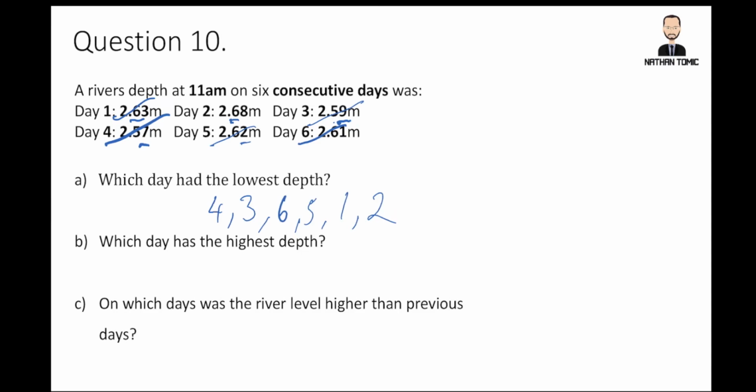So the order of our days from lowest to highest depth is 4, 3, 6, 5, 1, 2. So to answer the question more accurately or clearly, day 4 has the lowest. That's what I'd be looking for.